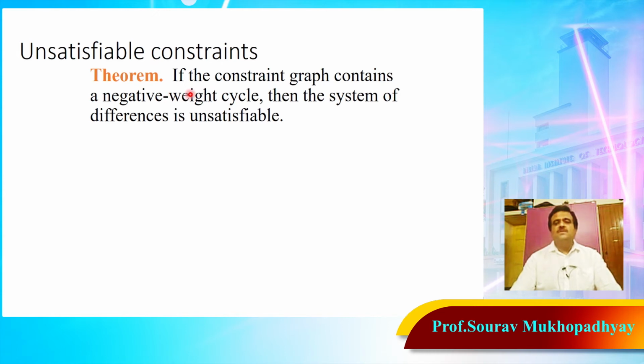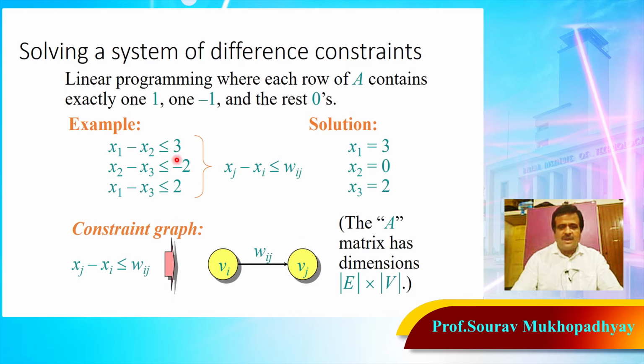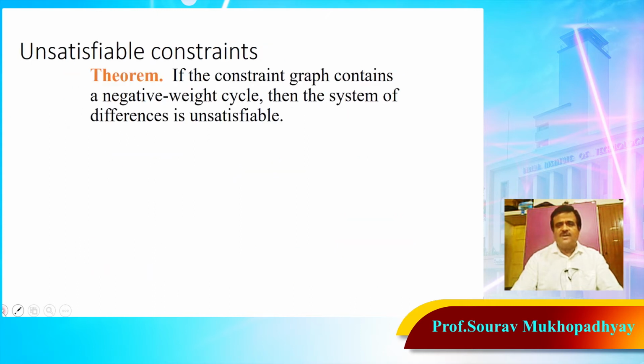We take every inequation, form these nodes, and make an edge whose weight is this value. Now, if this constraint graph contains a negative weight cycle, then the system of difference constraints is unsatisfiable. That means there is no solution of this system.